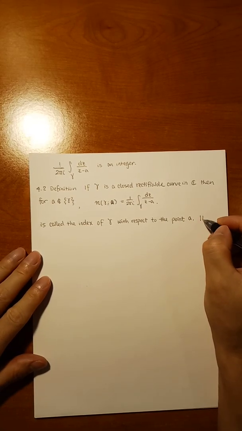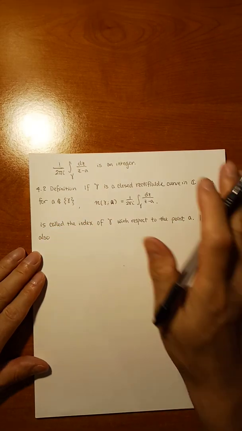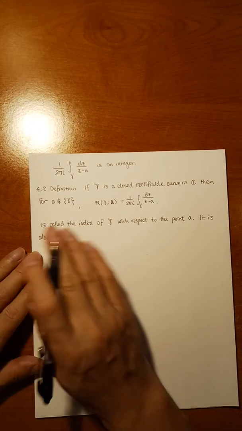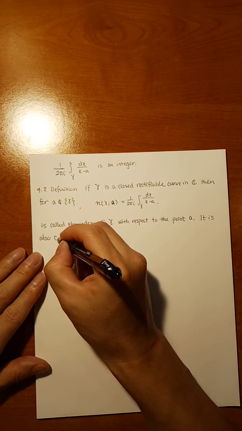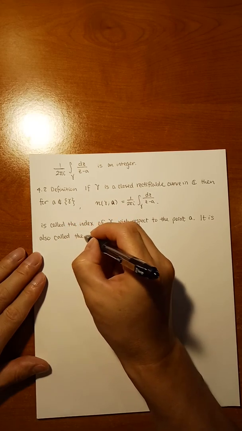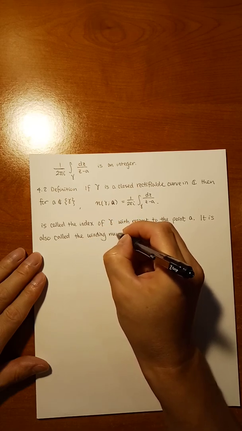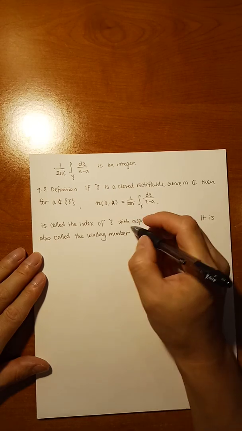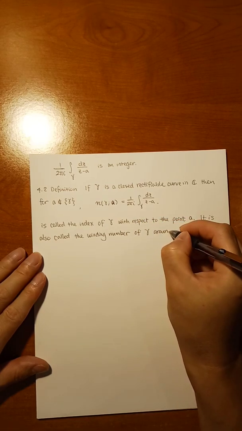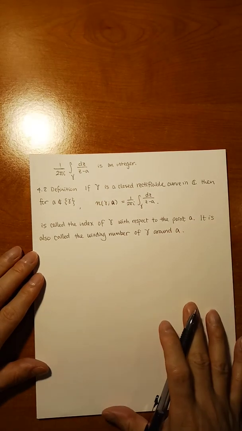And it has several names because it has different applications or usage. It is also called the winding number of gamma around a.